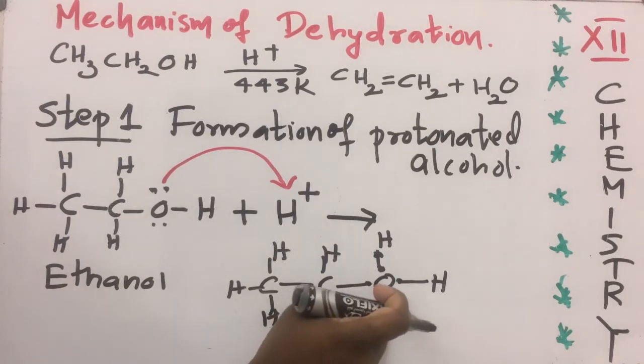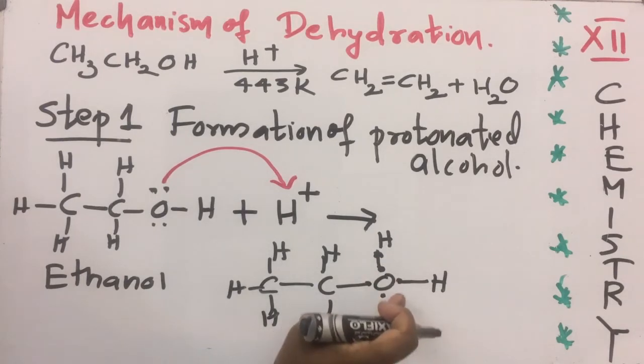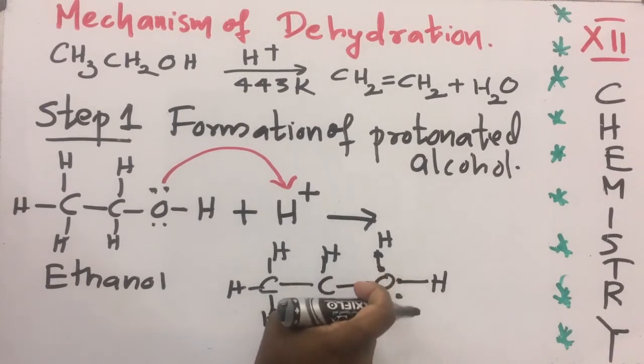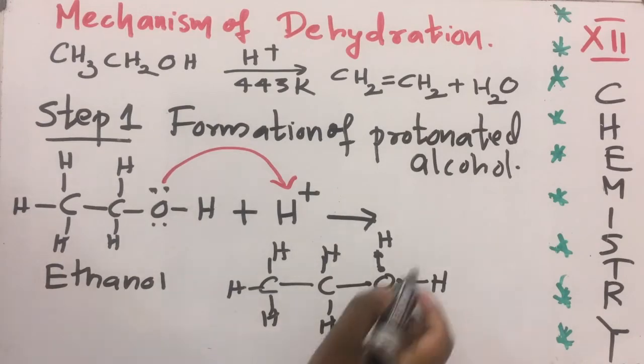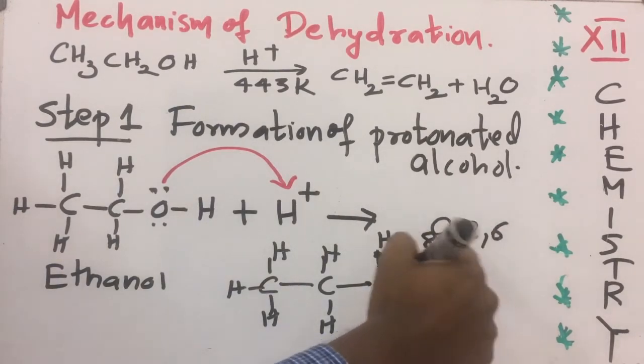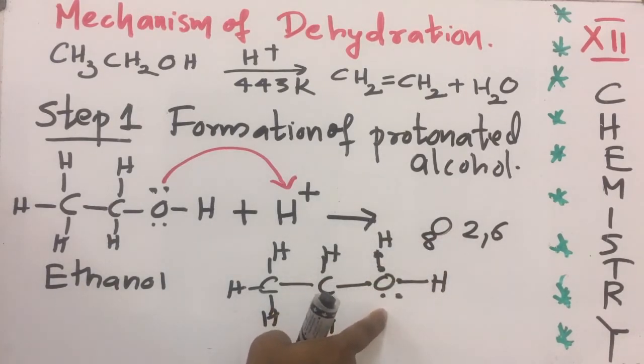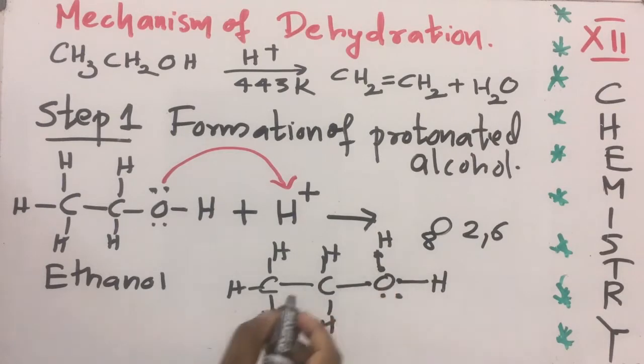Now count the number of electrons around oxygen: 1, 2, 3, 4, 5. Normally oxygen has 6 electrons in its valence shell, but here only 5. So how to balance it?